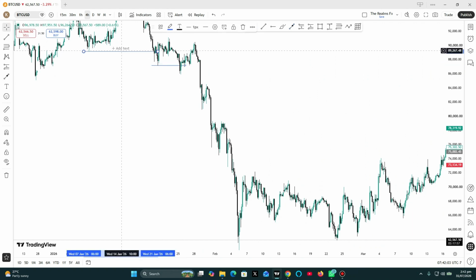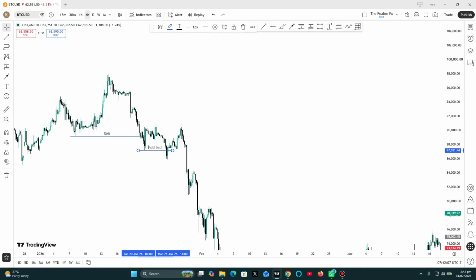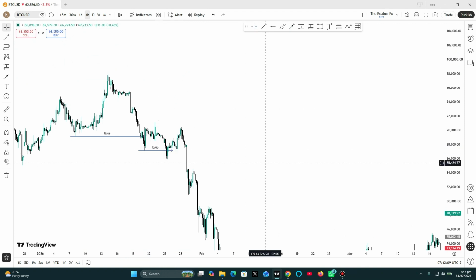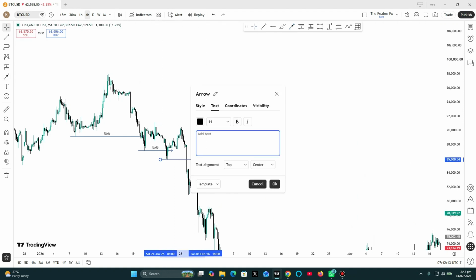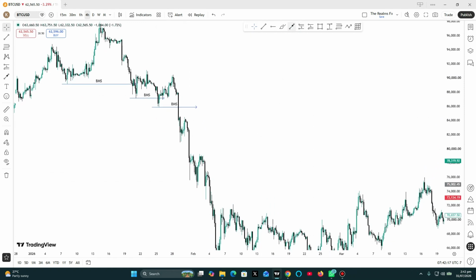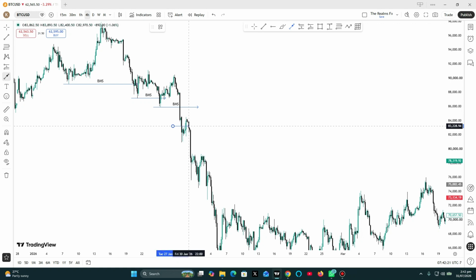Let me label it so that you can see what's happening. Here, for instance, there's another BMS, and another BMS over here too. There's a tiny one somewhere here, because you can see that once it broke, price came to retest this area and then went down again.